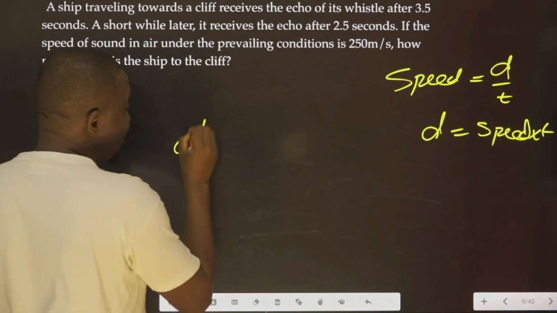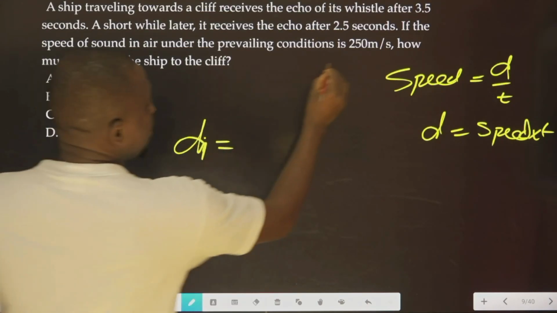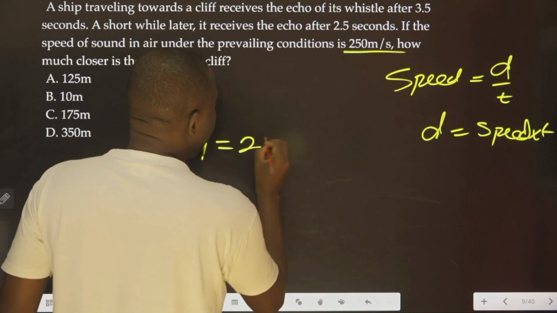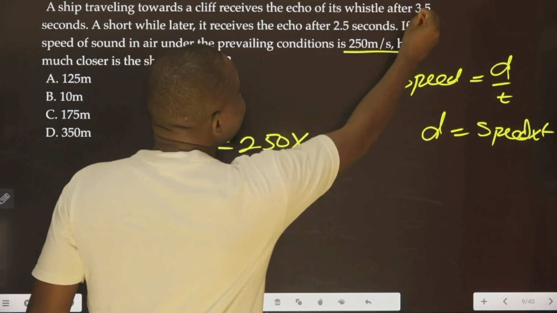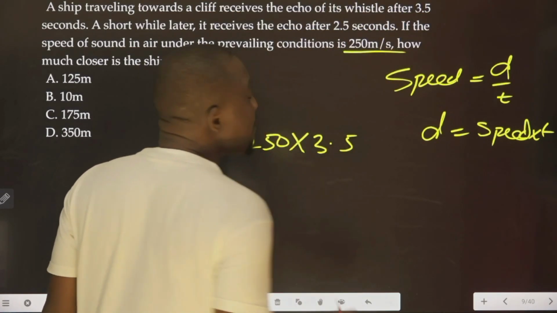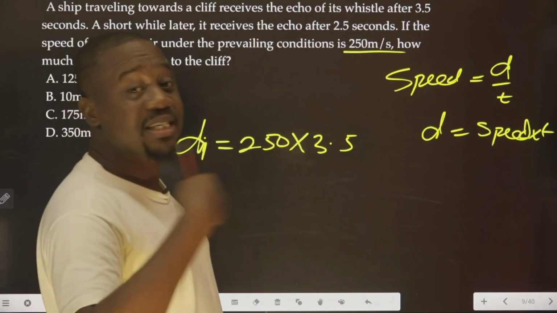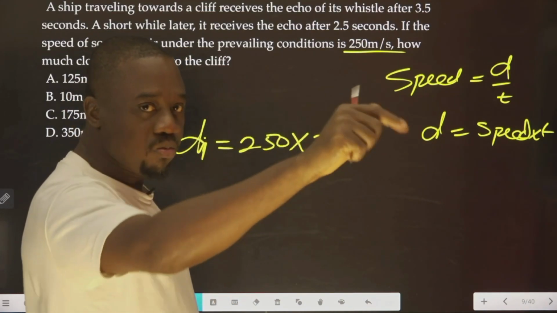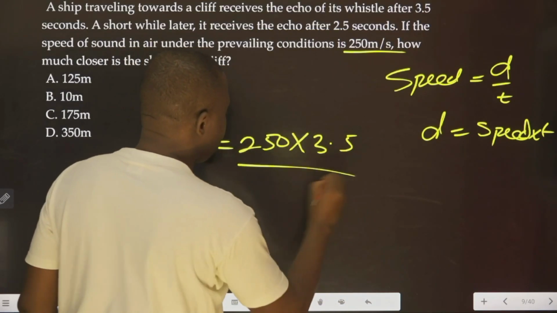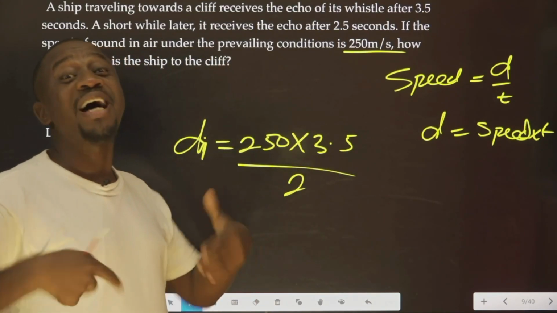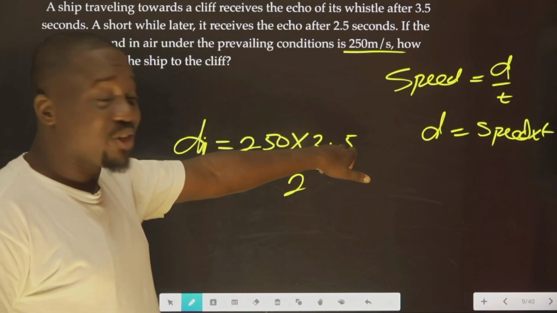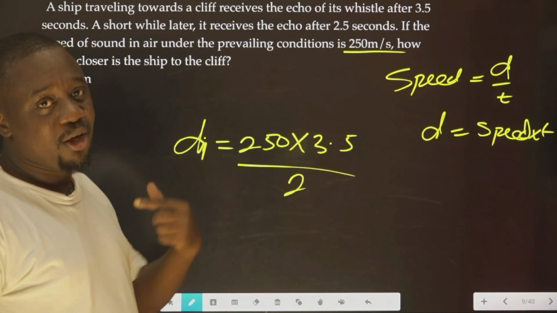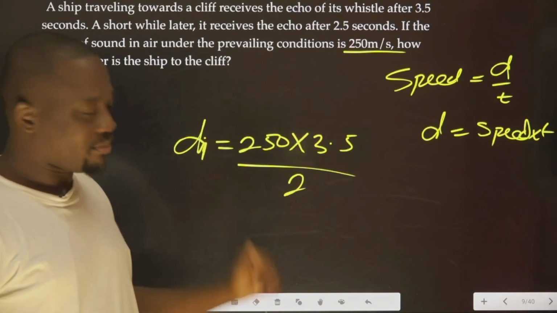Therefore, this first distance equals, the speed is what? 250 multiplied by this 3.5. Remember, it's going and coming. The sound is not just one-way. There was an echo. That's what is warranting us to divide it by 2. We divide the time by 2. Going and coming is equal time.